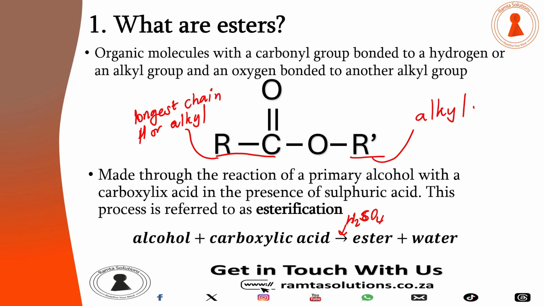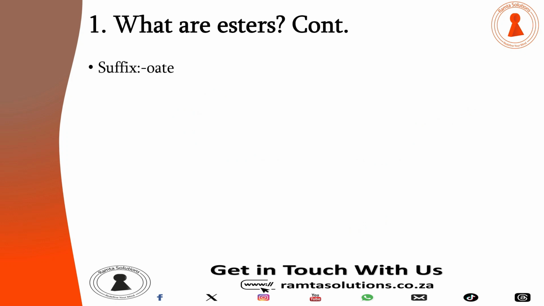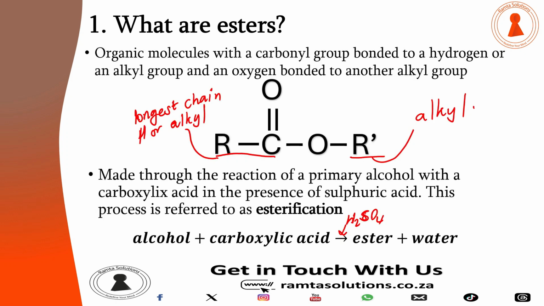The products of esterification are an ester and water. Of course, water is the inorganic compound that will be formed, and the ester is the organic compound that is formed. I will also give you a brief on this later when we do examples. Don't worry, I will show you.